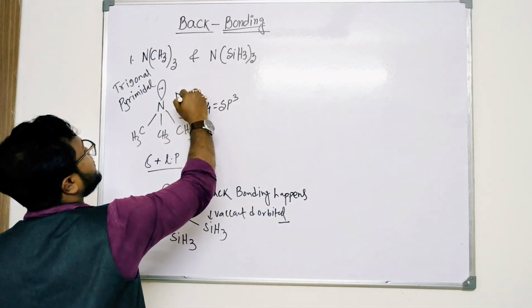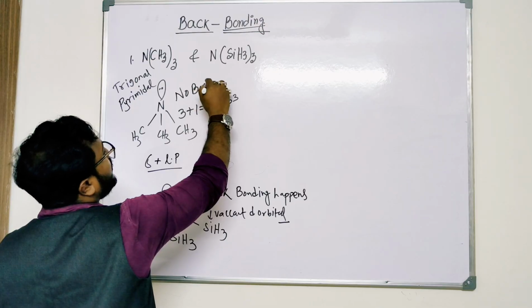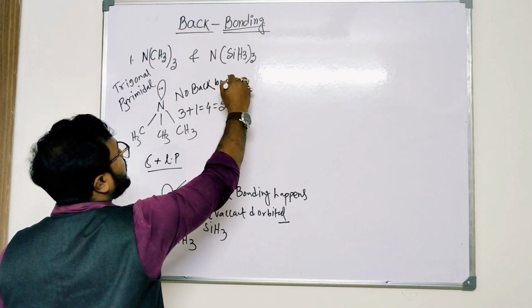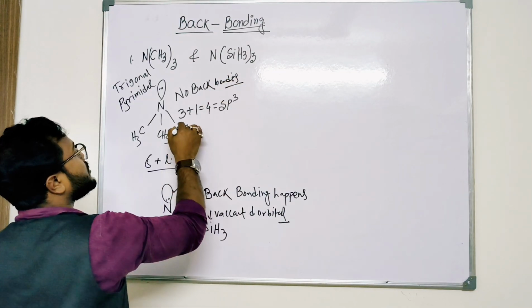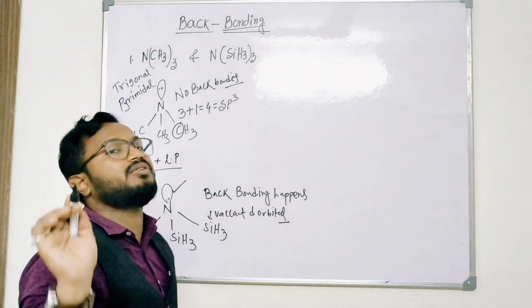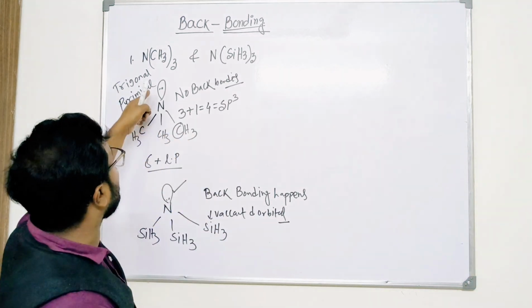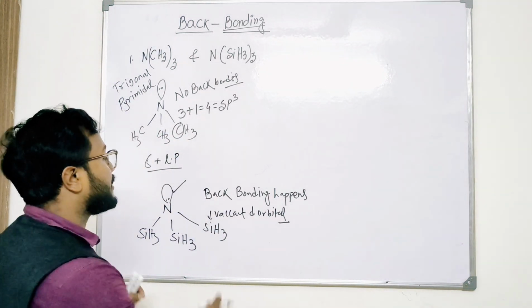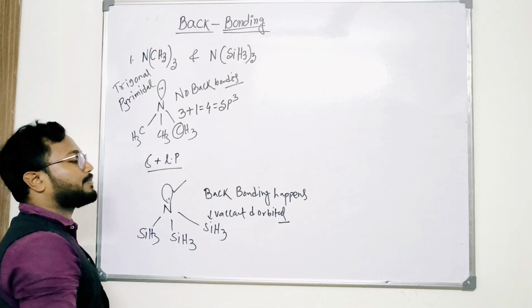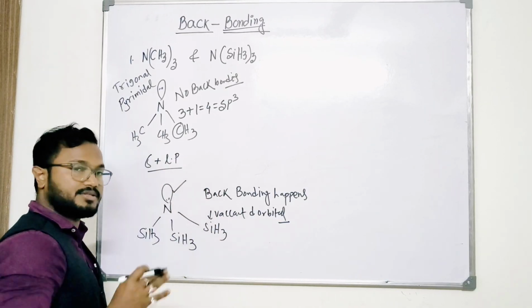But in the first case, there is no chance of back bonding, because carbon does not have any vacant orbital to accept the lone pair from nitrogen. But in this case there is a chance of back bonding, and here back bonding happens.